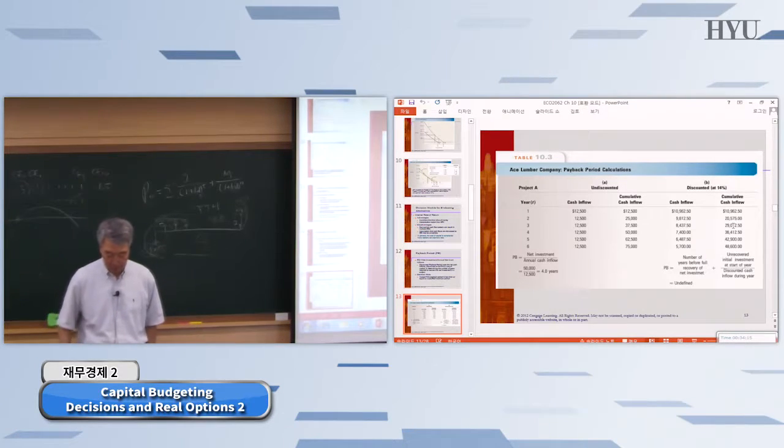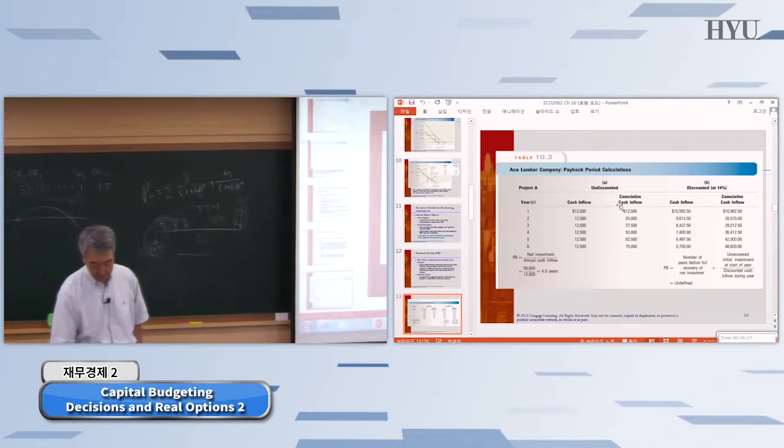The first one, column A, is undiscounted cash flow. Okay? And the story here is, initial investment is $50,000, right? And project A here, if you consider undiscounted cash flow, you got 12,500.